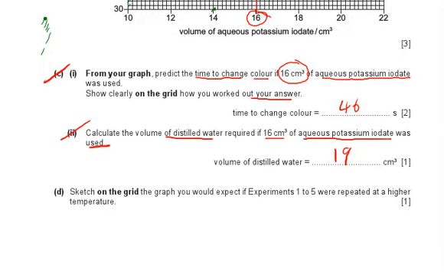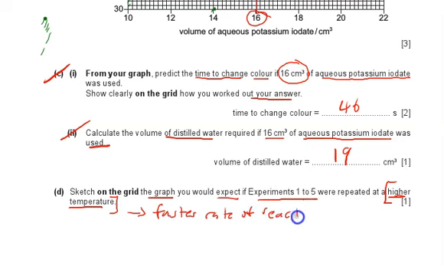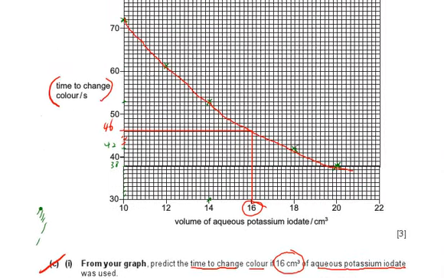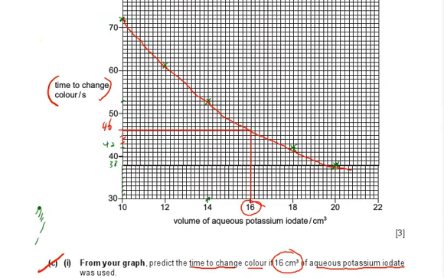Now sketch on the grid the graph you would expect if experiments 1 to 5 were repeated at a higher temperature. The hint here: if it's a higher temperature, you'll have a faster rate of reaction. So we look back at our curve. Every reaction must be faster, so you have to draw your graph slightly lower.